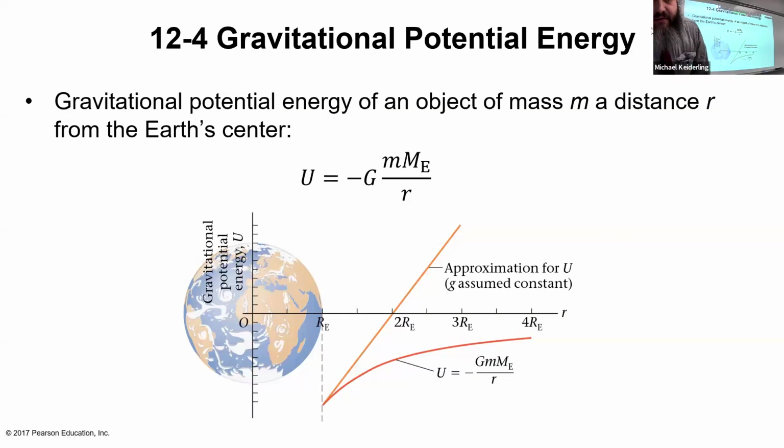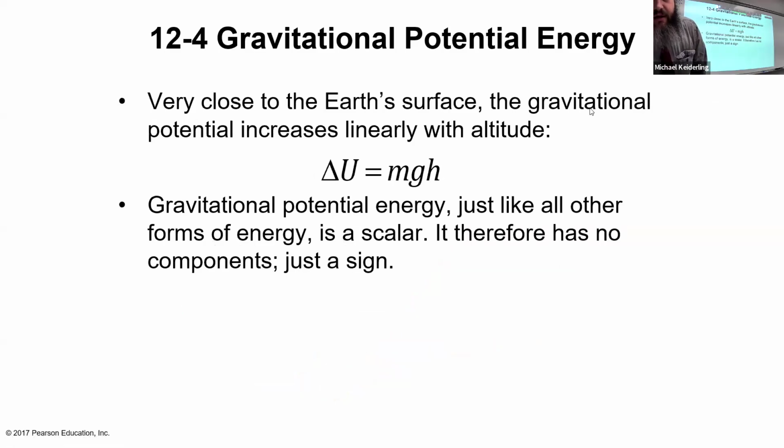Just a reminder. Very close to the Earth's surface, the gravitational potential energy increases linearly with altitude, because the radius changes so little that 1/r is approximately linear. So delta U equals mgh.